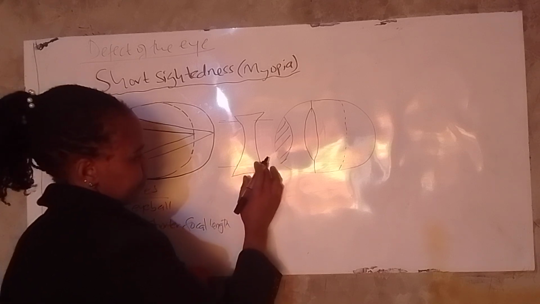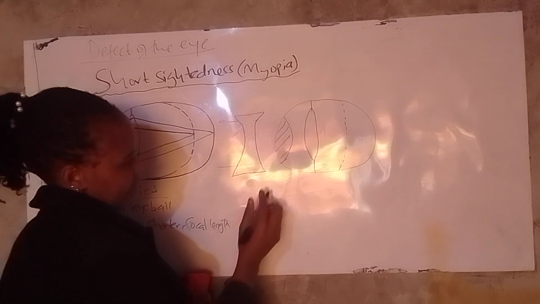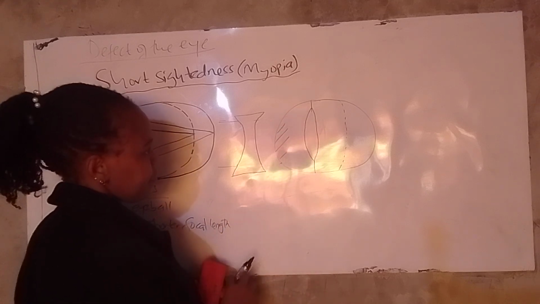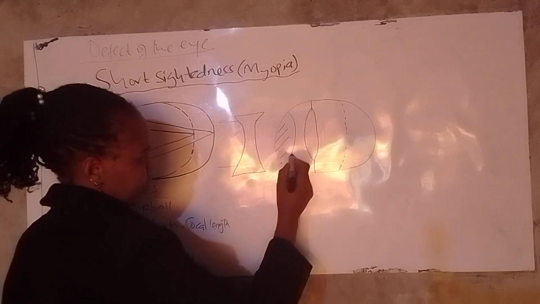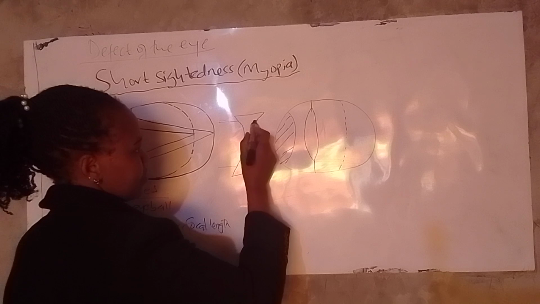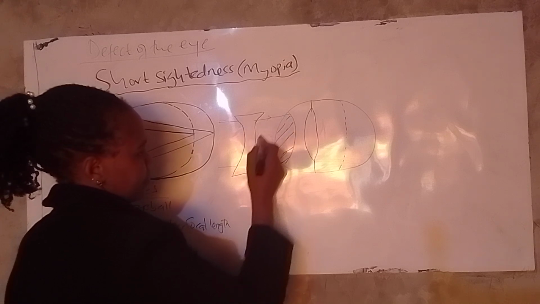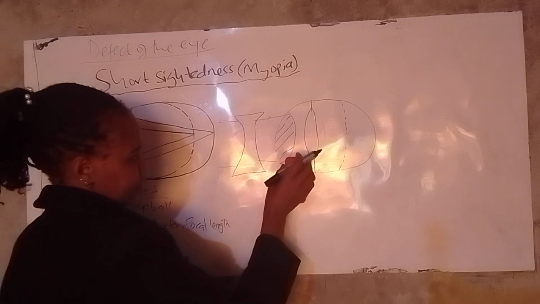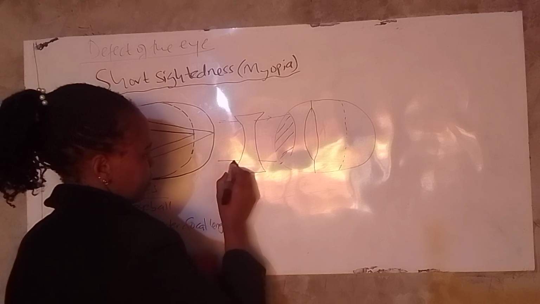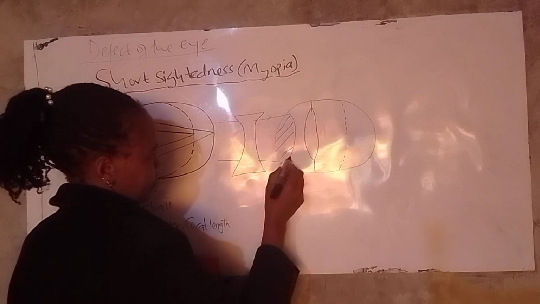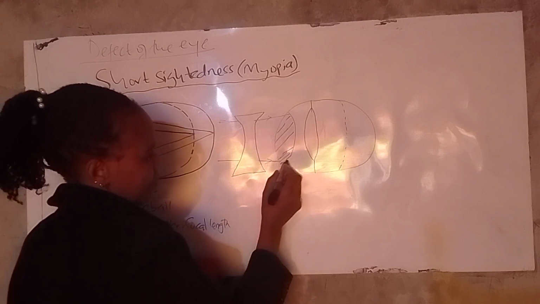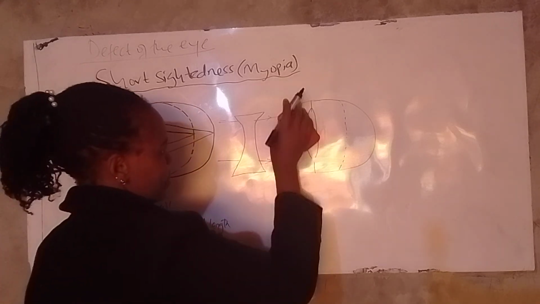So what would happen? This is a diverging lens, so we expect that the rays will be diverged. They will be diverged. So we have some divergence by the lens.